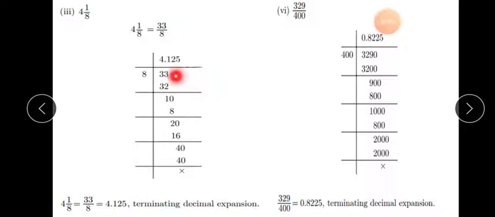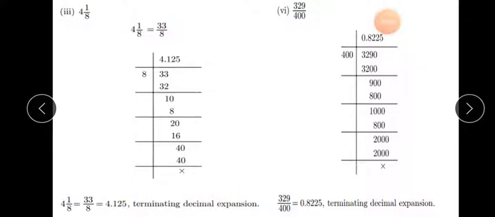After dividing, you will get the answer like this: 4.125. That means after the decimal we have 3 digits and it ends. So we can say it is a terminating decimal expansion, because after 3 digits it ends. So the decimal expansion of 4 1 by 8 is 4.125, and it is a terminating decimal expansion.